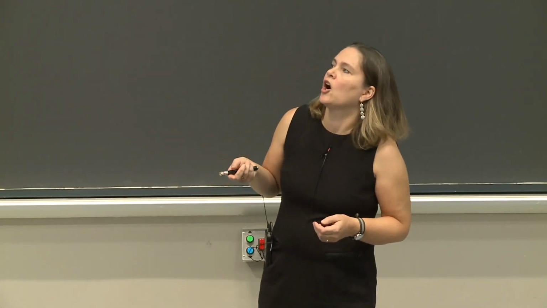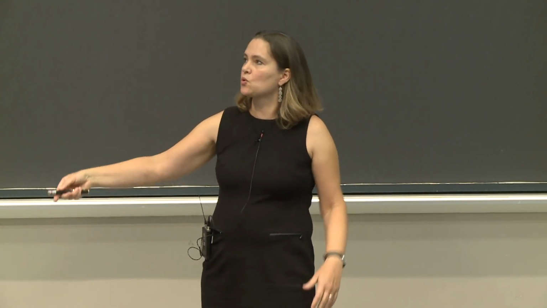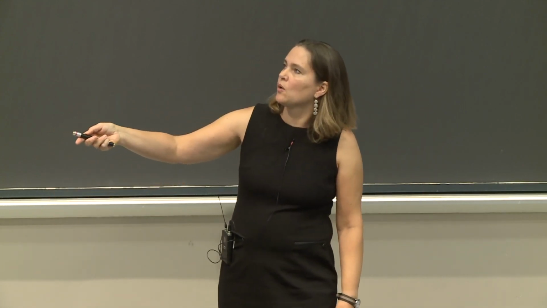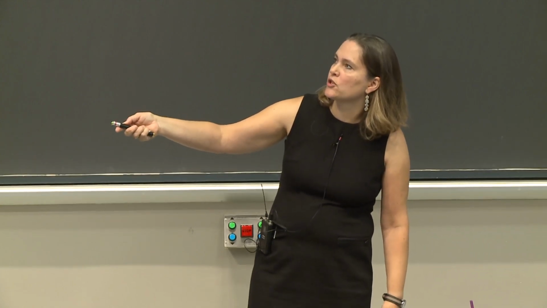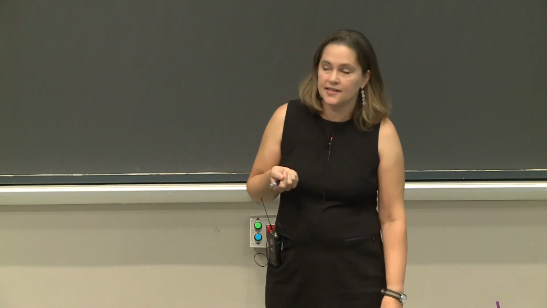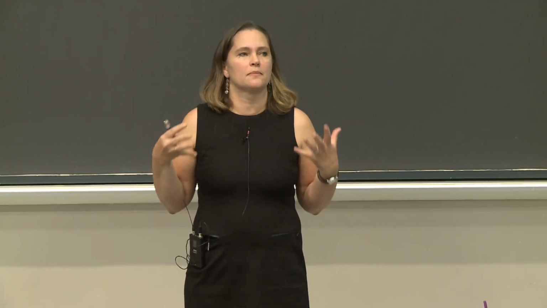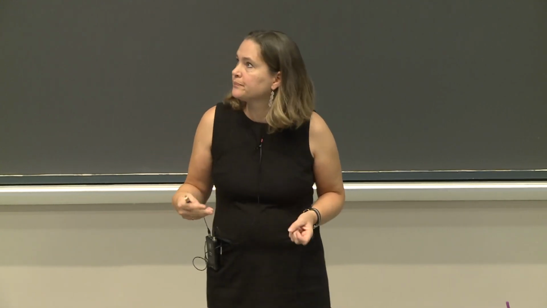All right, so this is a little bit more of a squishy definition. So electronegativity is proportional to a half, and IE stands for what? Ionization energy, and EA, our electron affinity that we just discussed. All right, so it's related to these other terms that we have already talked about.